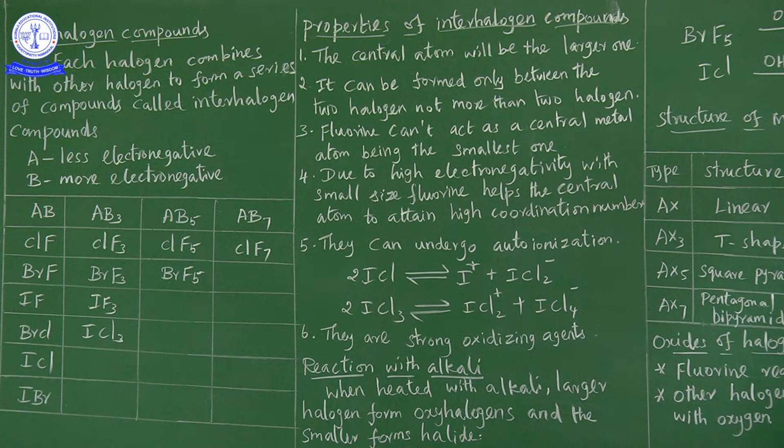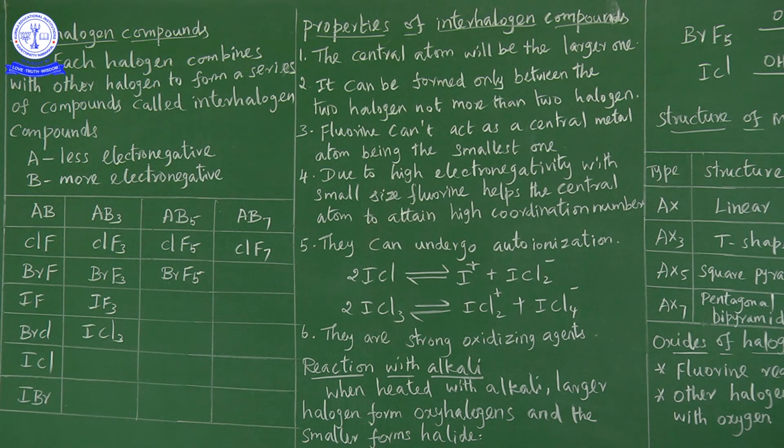The next one is that the high electronegativity and small size of fluorine help the central atom attain a high coordination number. The coordination number is the number of neighboring atoms that surround the central atom. We have seen a different definition in coordination chemistry, but here the number of neighboring atoms around the central atom is the coordination number.